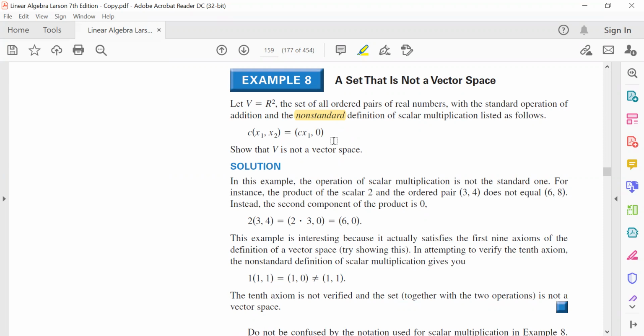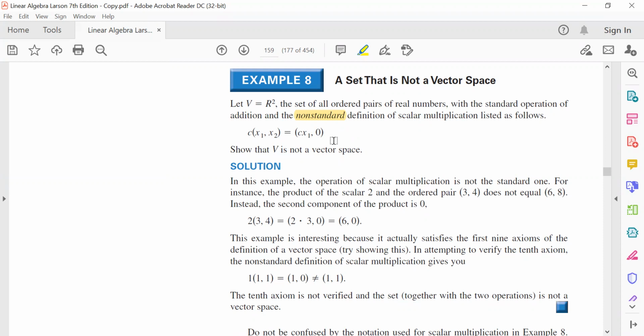And since I'm defining scalar multiplication in a different way, that makes it a different vector space. So this is not the standard vector space R2 that we know and love. It's the same vectors, the same set, but it's a different operation. So that's going to wind up making this not a vector space at all.